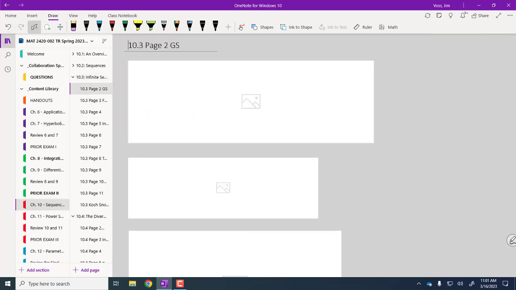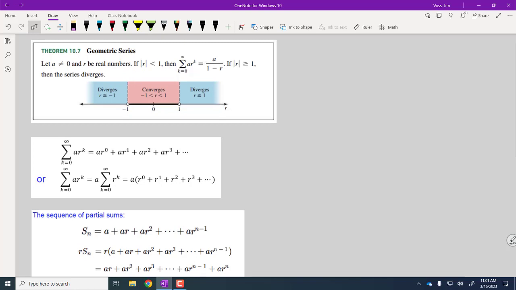So our most famous series of them all, geometric series. So we saw the geometric sequence earlier. Notice the only difference is that for a geometric series, convergence does not happen at 1.